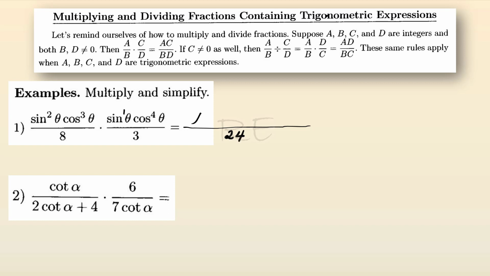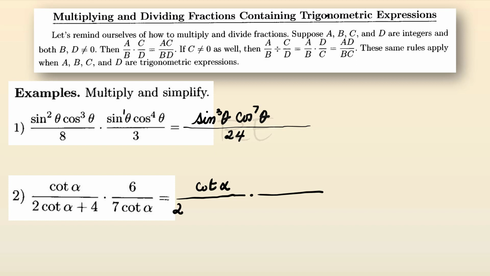Sine squared theta times sine theta is sine cubed theta. Cosine cubed theta times cosine 4 theta: 3 plus 4 is 7, cosine 7 theta. Sine cubed theta times cosine 7 theta divided by 24.